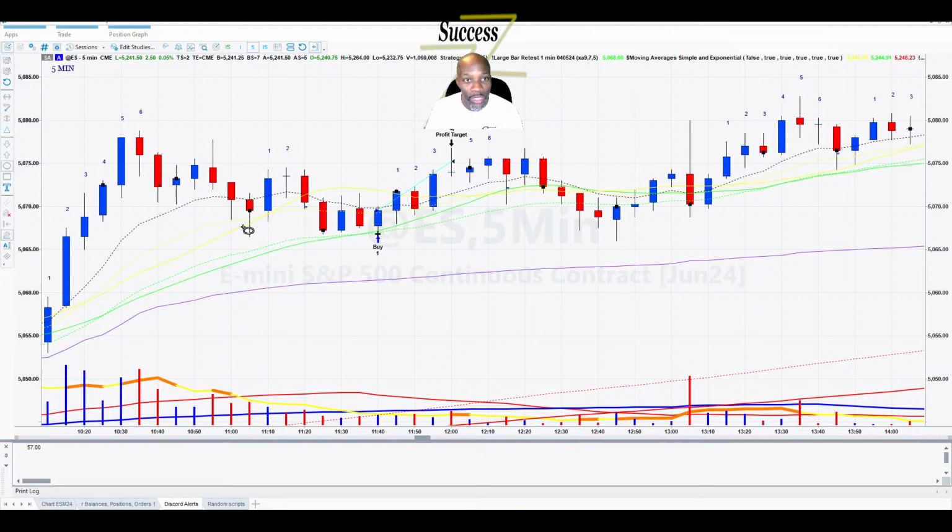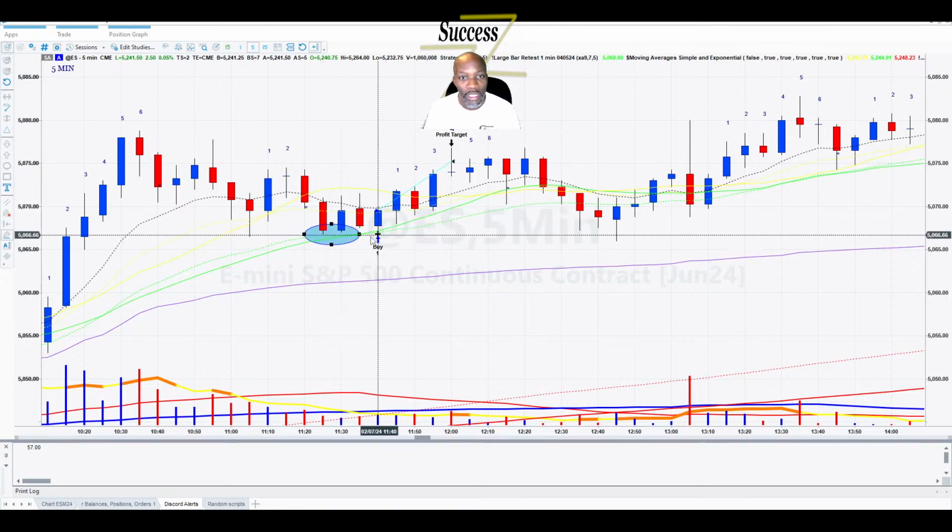Now if the 6 crosses under the 50, and we take into account there is a swing low, we're going to keep track of when a swing low happens, right? You have the most recent swing low with at least 2 bars on either side of it, I'm not sure if it's 2 bars or 3 bars.